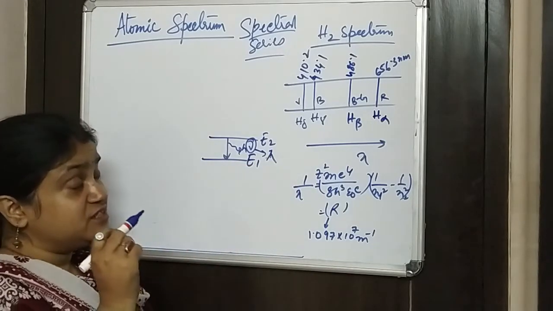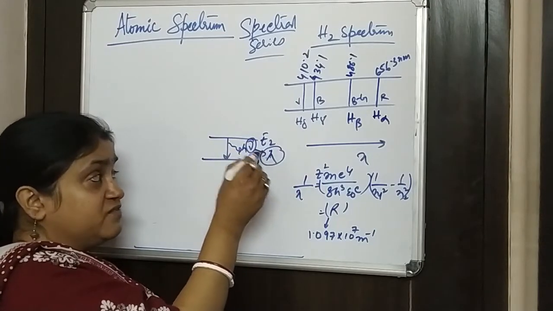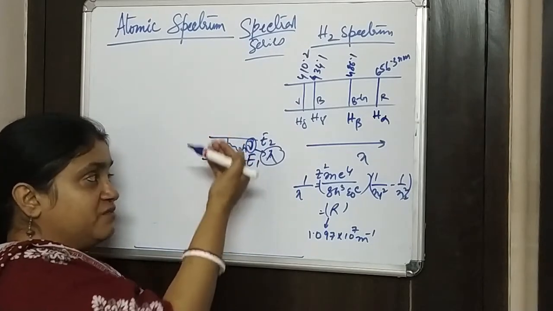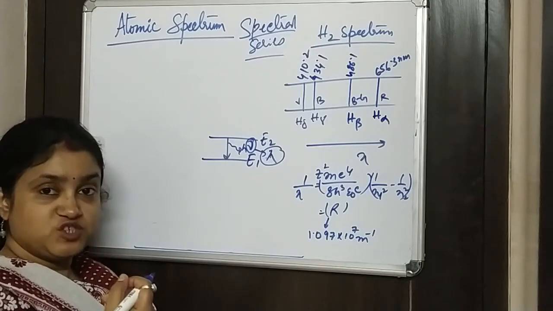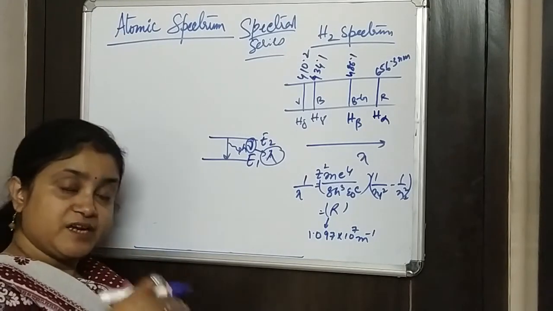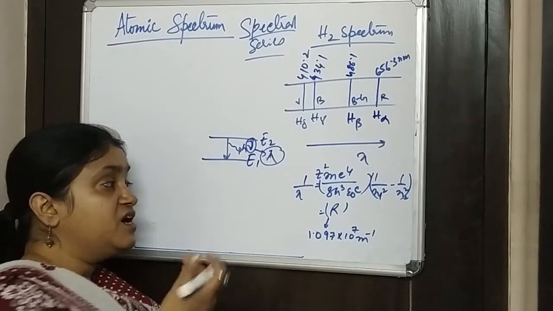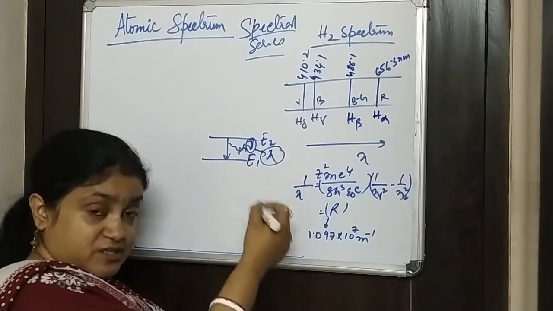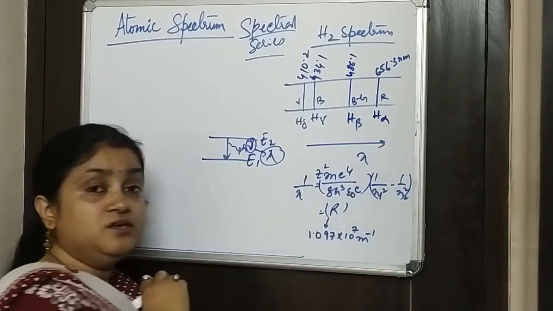Just by seeing such a spectrum, we can guess from which level to which level the electrons have jumped. We calculated the frequency and the wavelength, and we saw that the wave number, the reciprocal of the wavelength, is given by this particular formula.